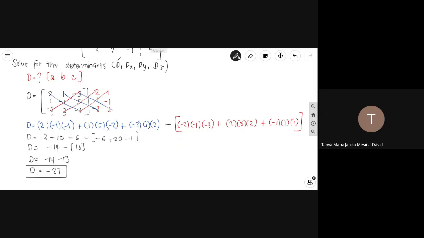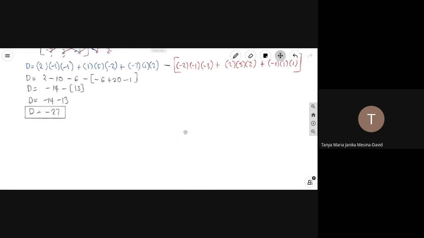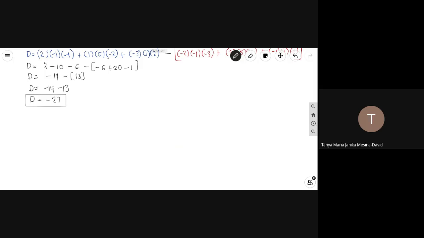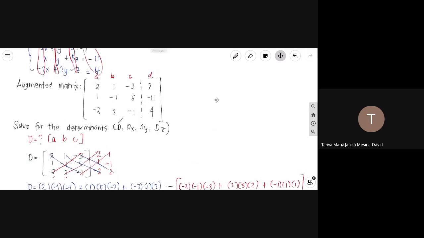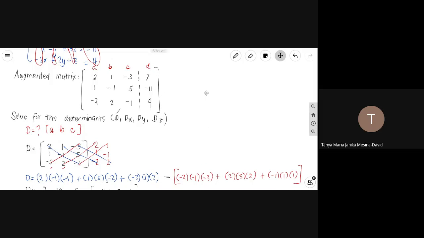Let's now go to Dx. Let us now solve for Dx. Remember what I told you a while ago when we were solving for D: we covered the column where D is located.